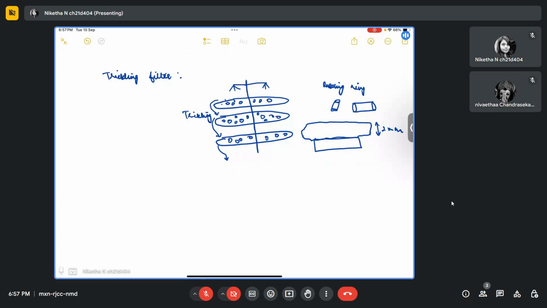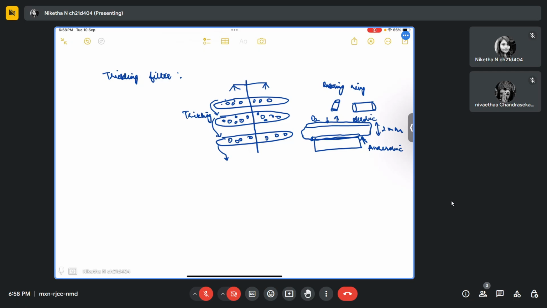And when we have a very thick layer, what happens? This part that is near the media does not have any contact with air, so this portion is going to turn anaerobic. And the top portion is going to be in contact with air, so there is going to be gas exchange. So this portion is going to be aerobic.